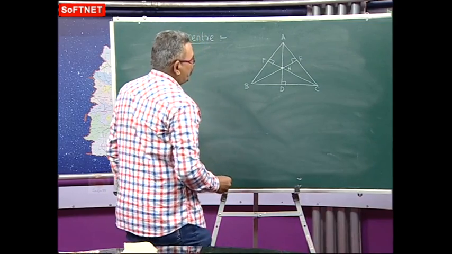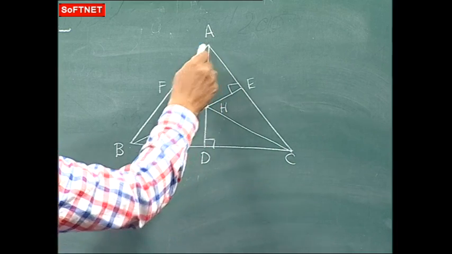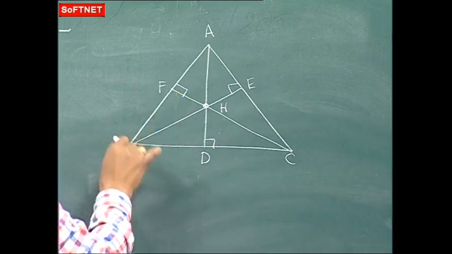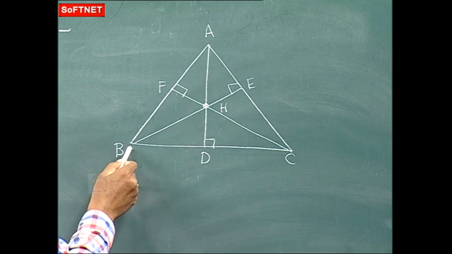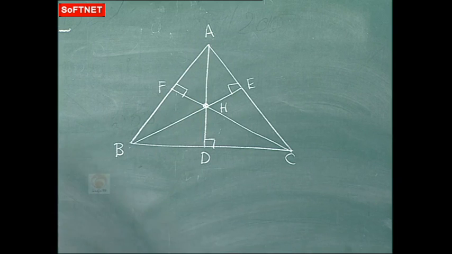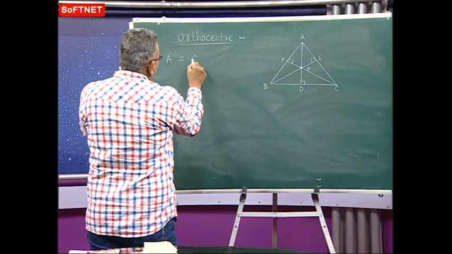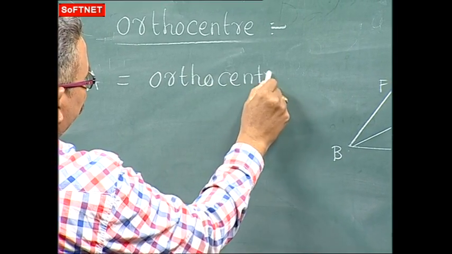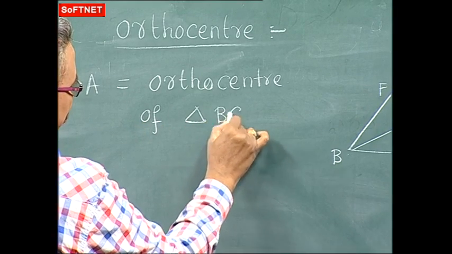Similarly, C is the orthocenter of triangle ABH, B is the orthocenter of triangle ACH, A is the orthocenter of triangle BCH. Let us write it now. A is equal to orthocenter of triangle BCH.